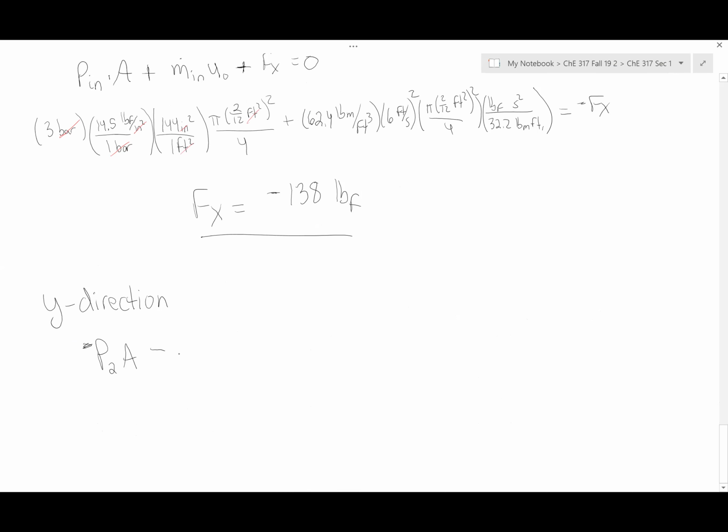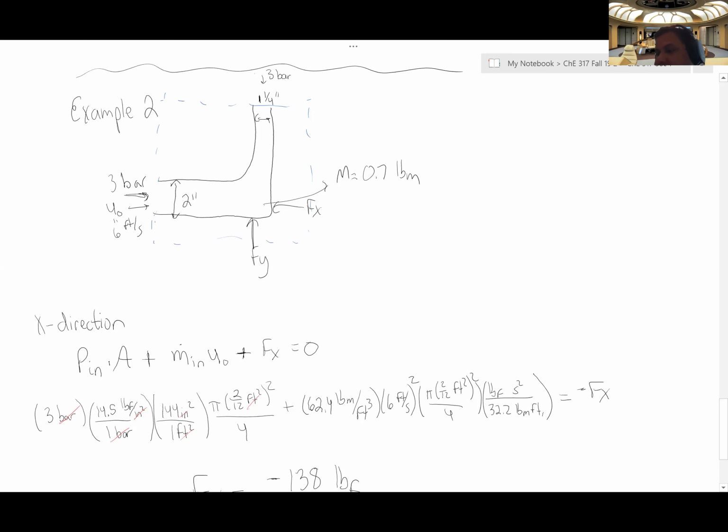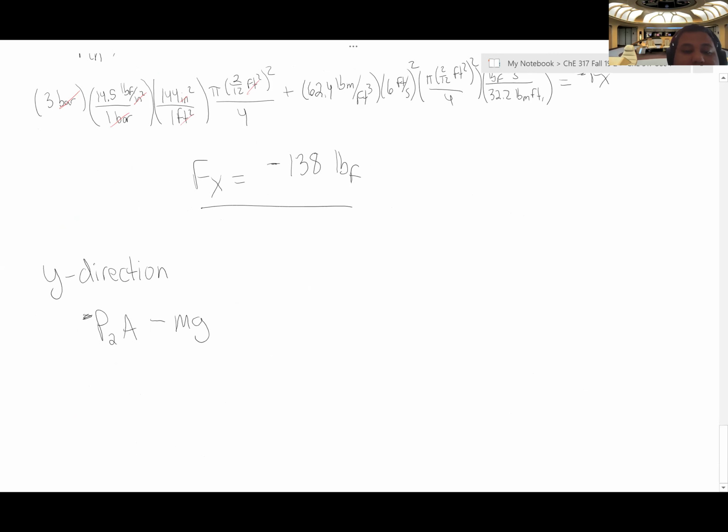All right. So then we have the mass of the elbow times gravity. Any other forces? Would we be left with the restoring force? We do have the restoring force, which I'm going to make positive for now.